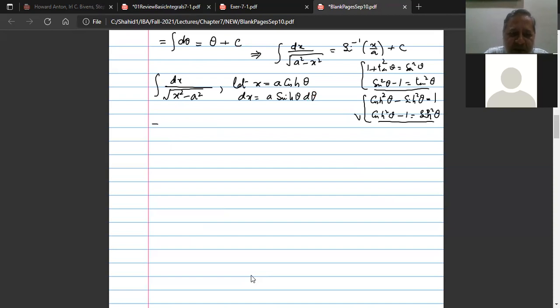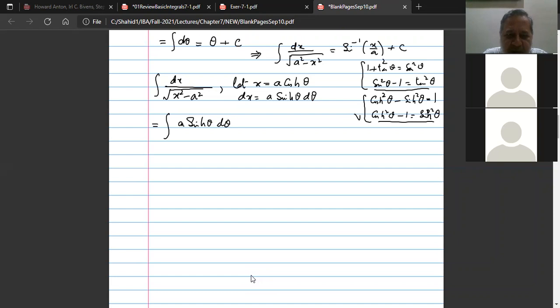And that will make this integral look like: dx replaced by a sin hyperbolic theta d theta upon the square root of, in place of x, a square cos hyperbolic square theta minus a square.